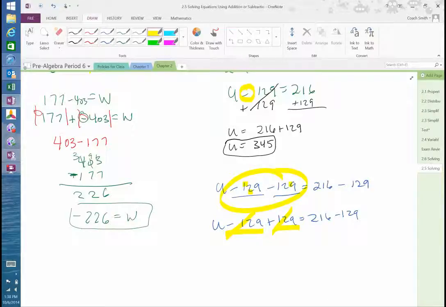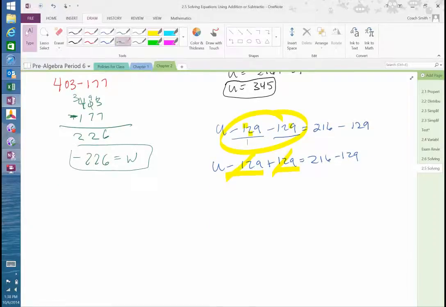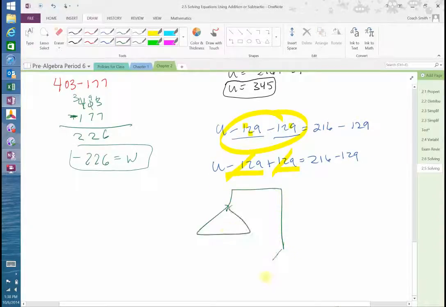Like you have a big scale. I talked about this last year. Okay, and if I've got u and 129 boxes over here, to get rid of those boxes, if they're negative, I have to have positive boxes. So I have to have a positive 129.